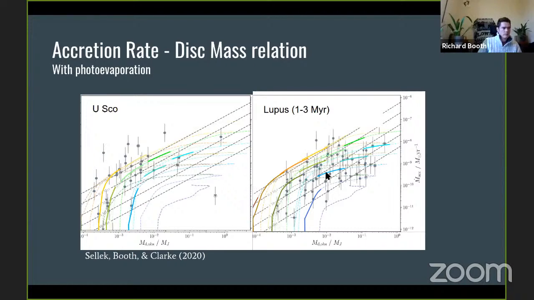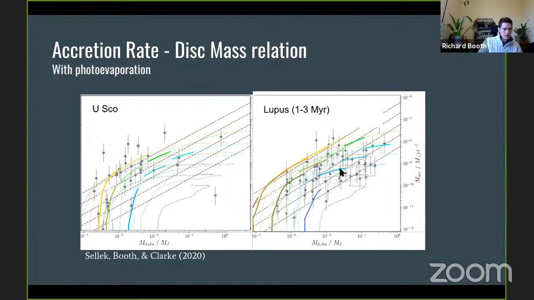But we still have, for example in Lupus and maybe in Upper Sco, this subpopulation of relatively massive disks that is difficult to explain with the models. We have tracks going through this region of parameter space, but they don't spend enough time there, right? They leave this region after a few tenths of a mega year.